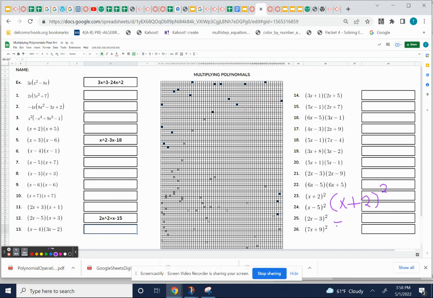It just means multiply it twice. So x plus 2 squared just means x plus 2 times x plus 2. So you could change all of these last four problems by copying down what's in parentheses, writing it twice side by side, and multiplying them together.